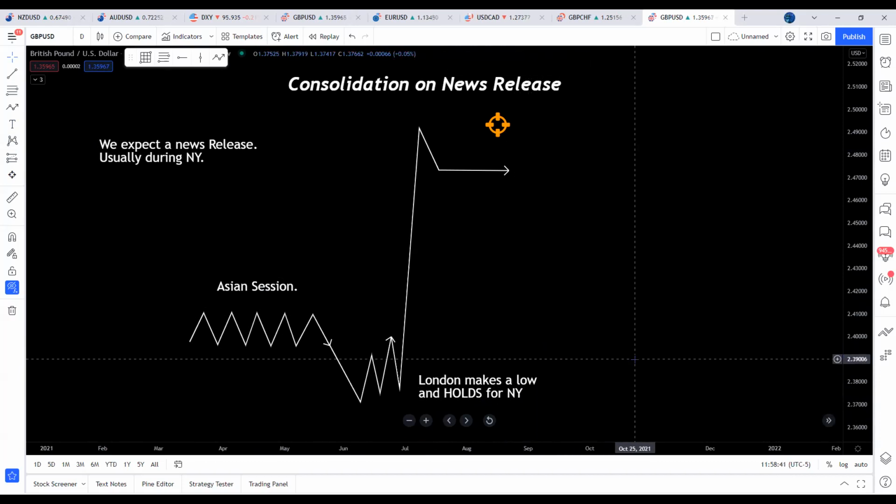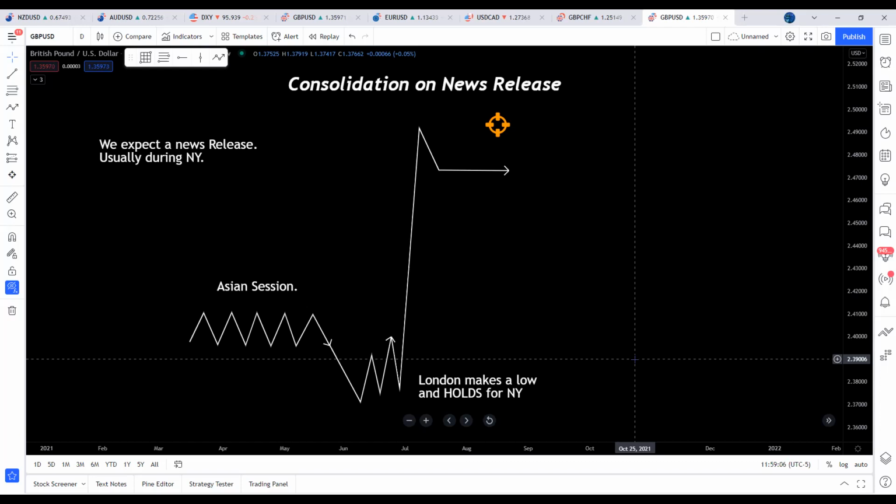Why does it hold? Why is it holding? Because the guys are waiting for the bank release. Right. They're waiting for the excuse, right? They're waiting for the excuse to move. That's essentially why they're moving, right?